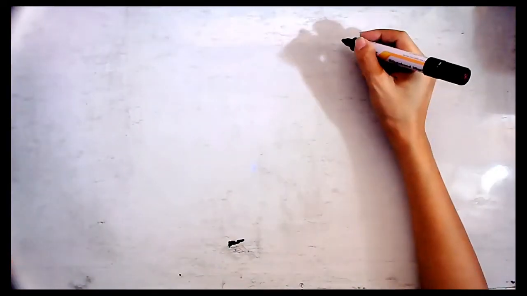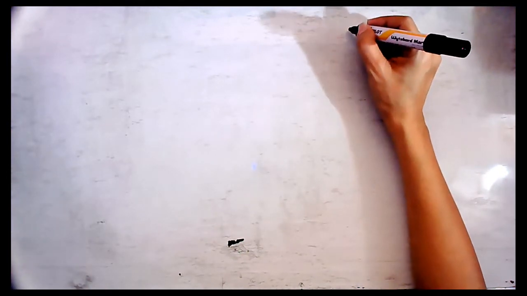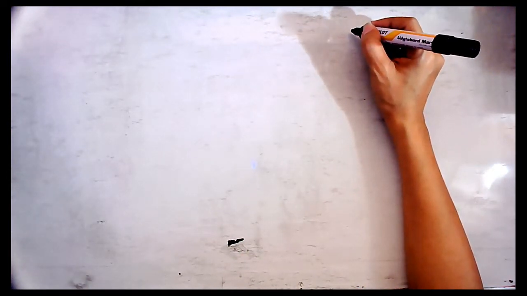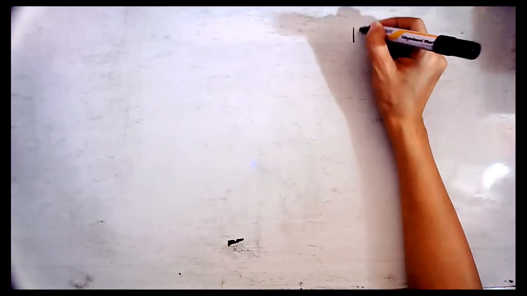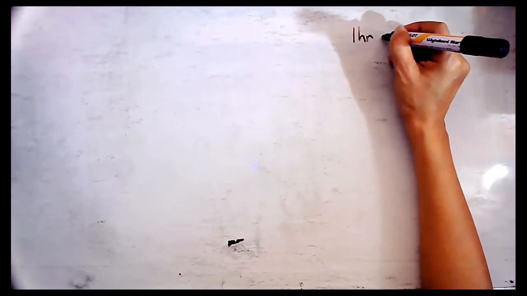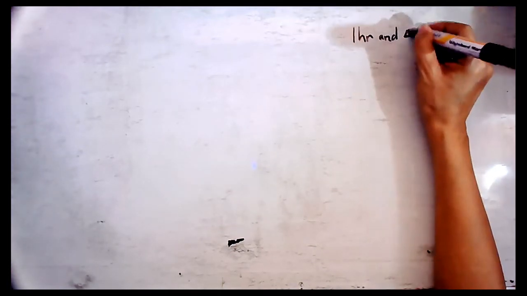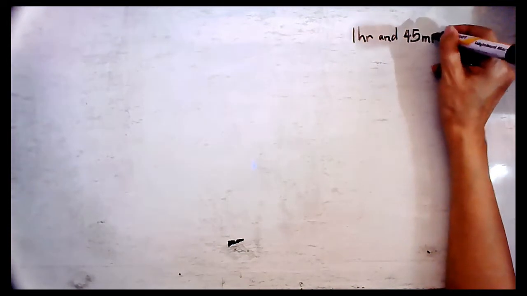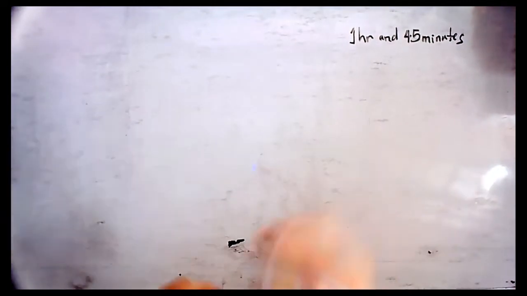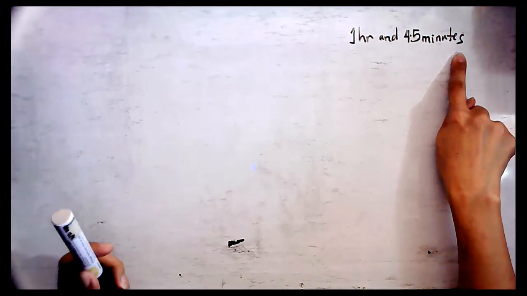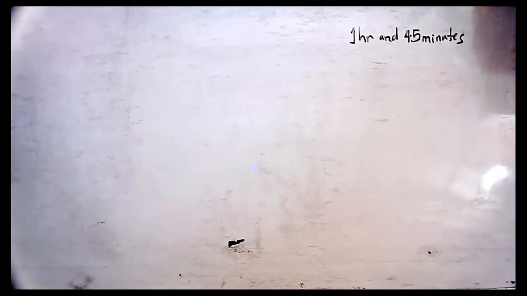So let me just identify first what are the given data in the problem. According to the problem, it took an airplane 1 hour and 45 minutes. So that is roughly equivalent to 1 hour plus 75%. 45 minutes is 75% of 1 hour.